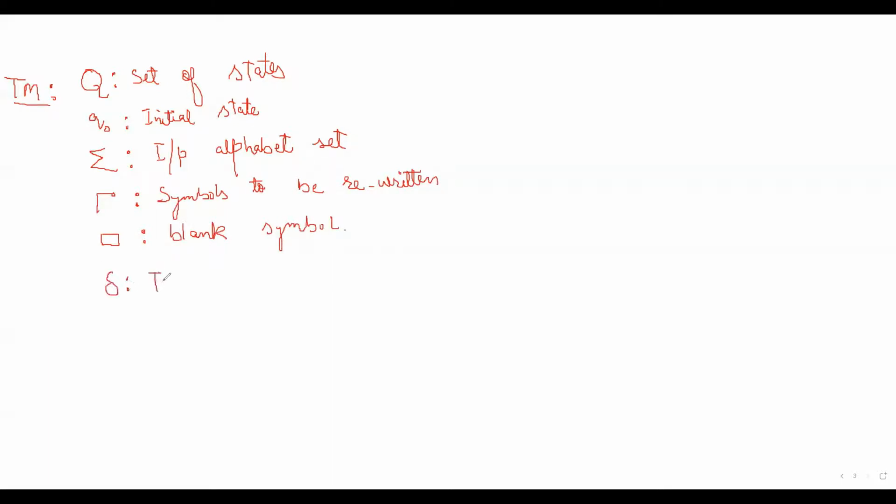This transition function is from the set of states and input alphabet to a state, tape alphabet, and the direction. The direction can be left or right. So these are the 1, 2, 3, 4, 5, 6 things.